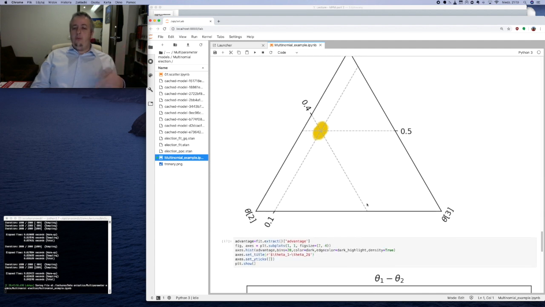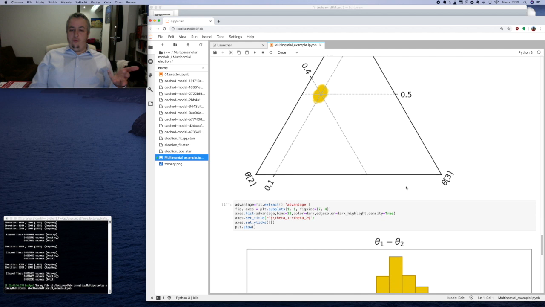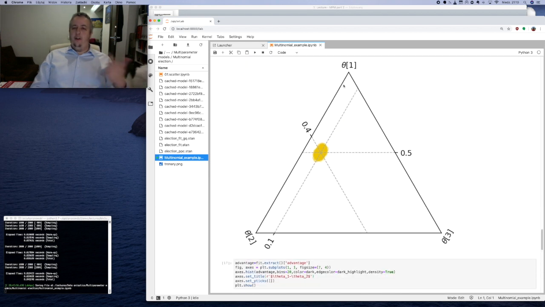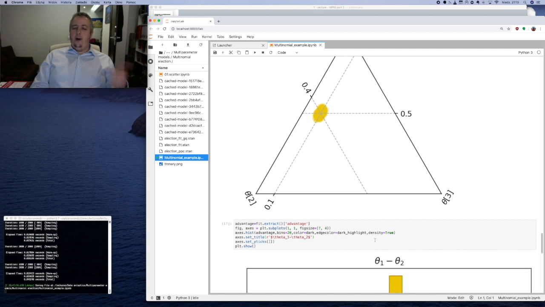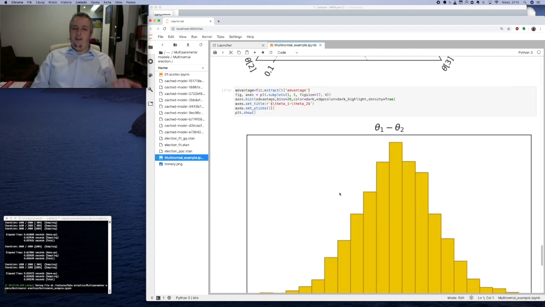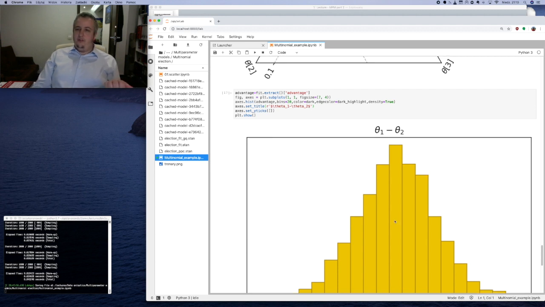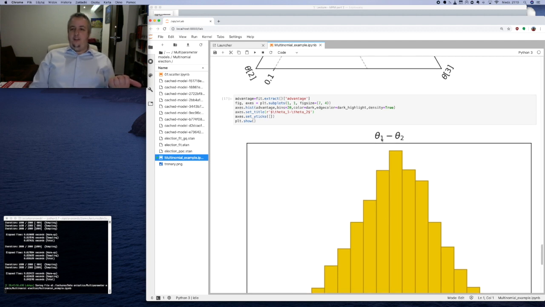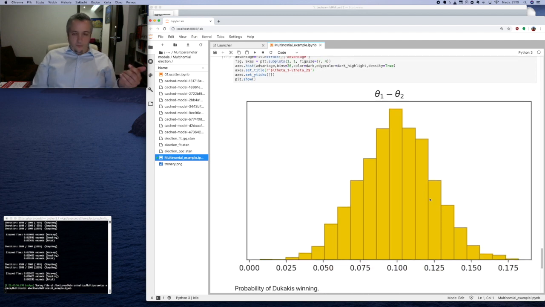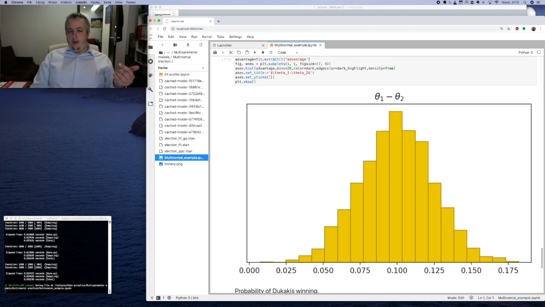What is really left for us to do is to estimate our quantity of interest, the advantage of theta1 over theta2. Our quantity of interest is the difference between the lead candidate, in this case Bush, which is theta1, minus theta2, and as we can see, all the values in the histogram are positive.